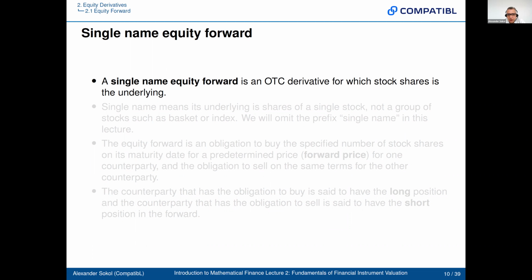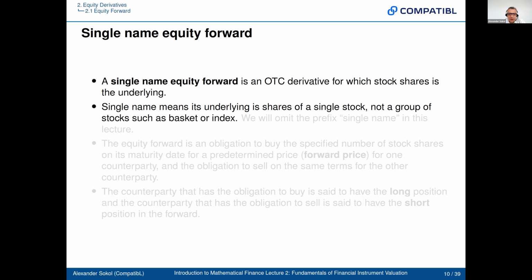All right, so a single name equity forward is an OTC, over-the-counter derivative, for which stock shares are the underlying. And single name means that the underlying is shares of a single stock, not a group of stocks, such as a basket or index. There are other types of forwards. For example, a forward on an aggregate or average price of the group of stocks which form a stock index is an index forward.